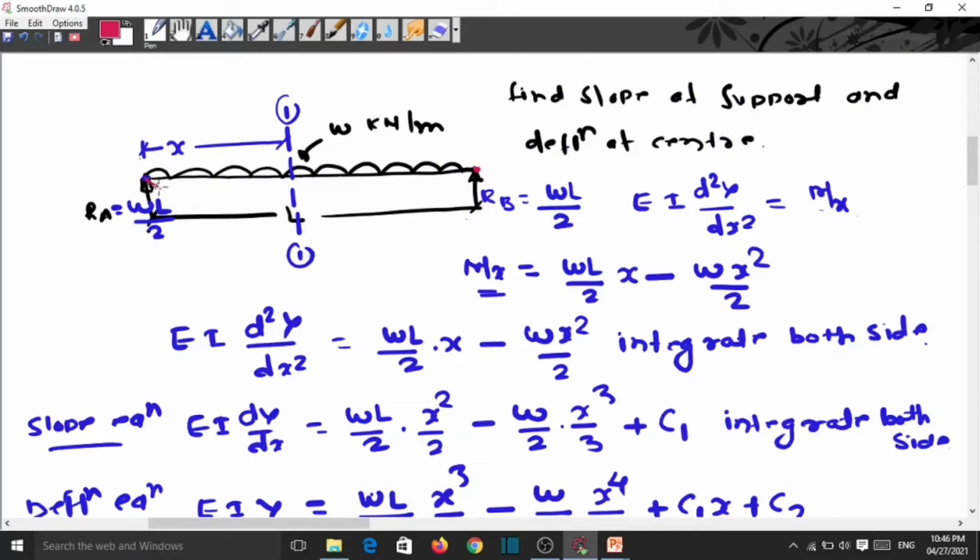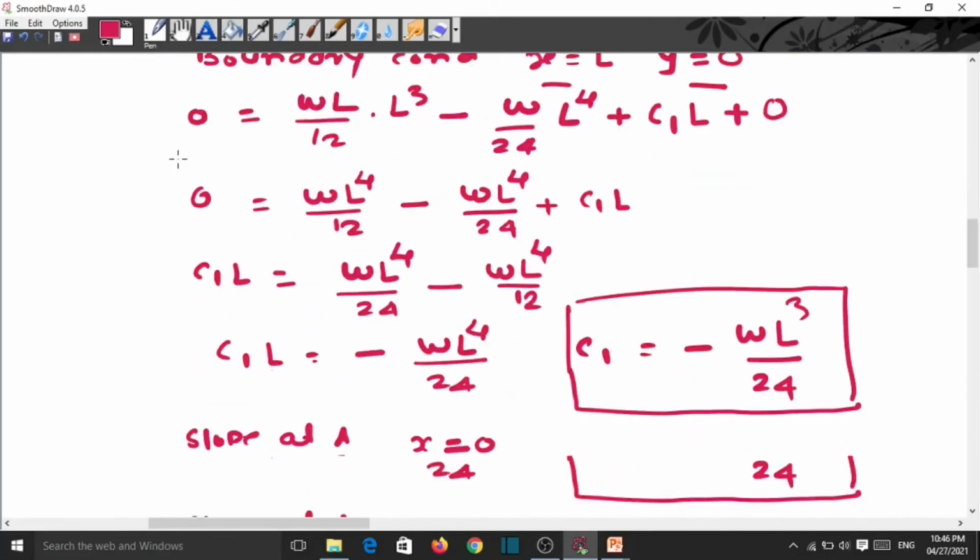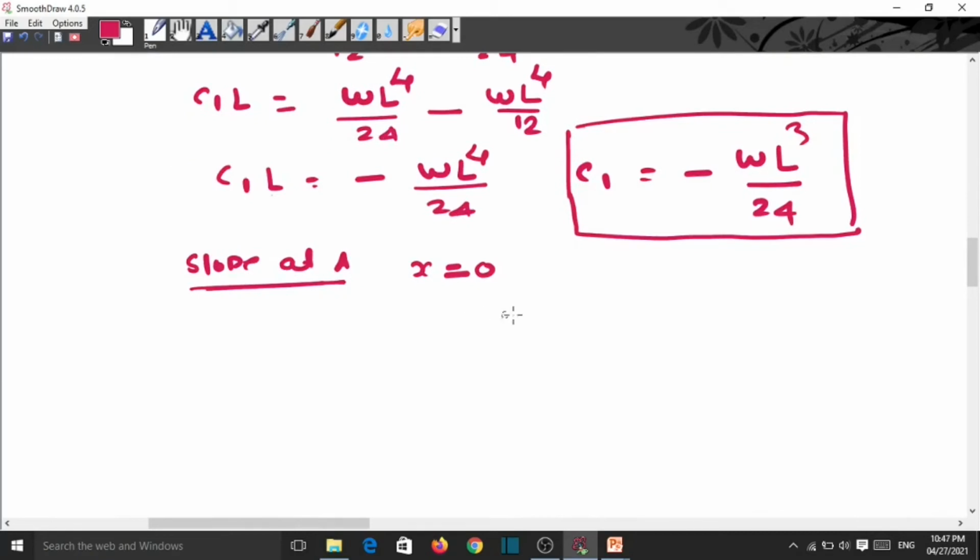So this is our deflection curve here like this. So we want here theta A, or IA. So we have to put x equal to 0, then we get the IA. So this value we have to put in the slope equation.